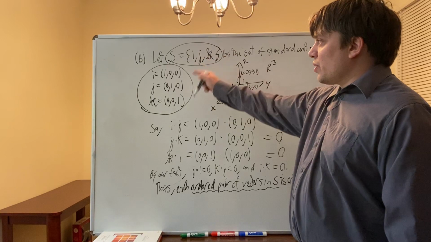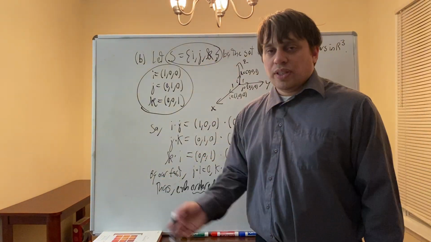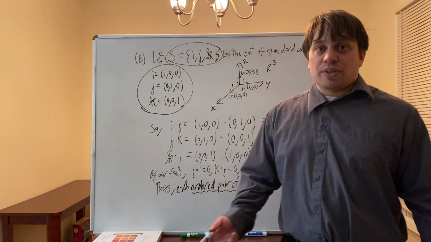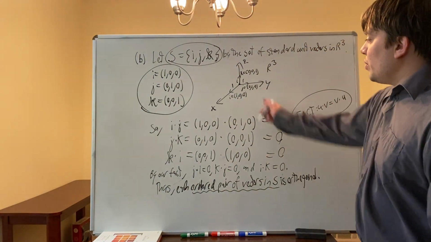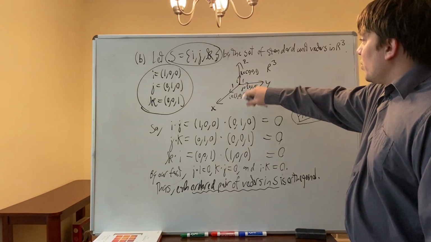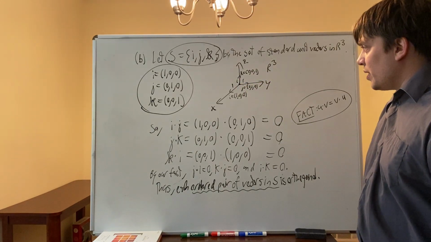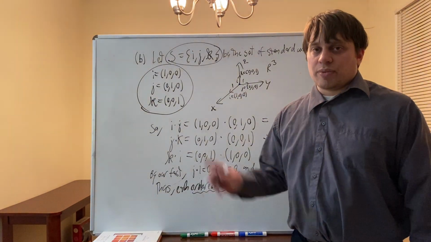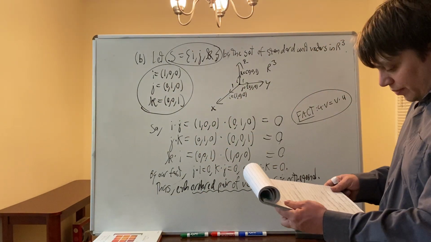So if you take any 2 vectors in that set and you dot product them in either order, you're going to get 0. And so since the dot product between those 2 is 0, they're orthogonal. So every pair of standard unit vectors are orthogonal. Okay, so if you choose any 2 standard unit vectors here, they're orthogonal. The angle between them is 90 degrees.